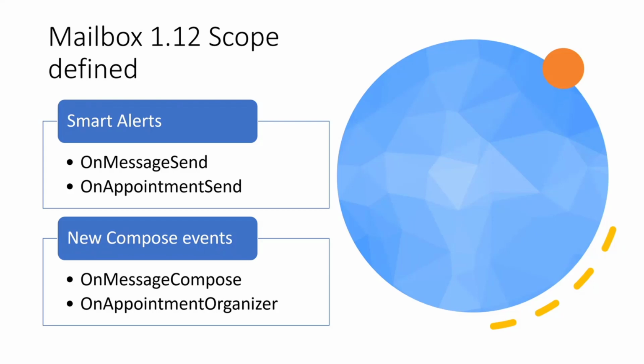But for example, if you started the composition of a message and you closed your compose experience, you get a draft email stored in your mailbox. The problem with that event is that when you reopen the item from drafts, the event was not triggered. That's why we call it on new message.